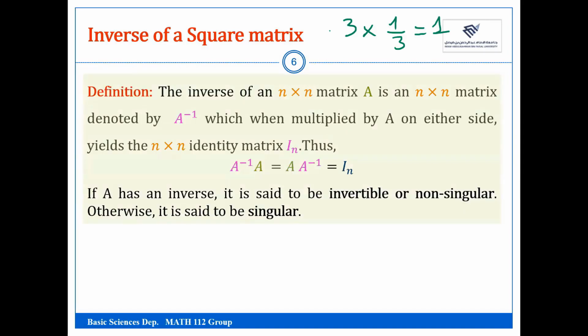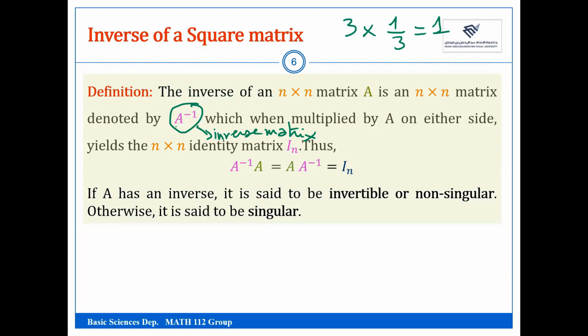If a matrix A is square, the inverse matrix is denoted by A inverse, A to the power negative 1. If it exists, it's not always defined.